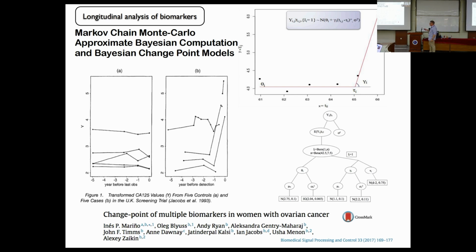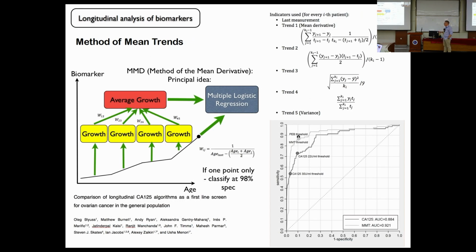The idea was to find the point where the biomarker, on a logarithmic scale, starts to grow, because cells multiply, so it grows exponentially, which is linear on a logarithmic scale. So the idea was to use a Bayesian network to find this change point. But it didn't detect all the women because, as I said, 15% of women do not display growth of the biomarker.